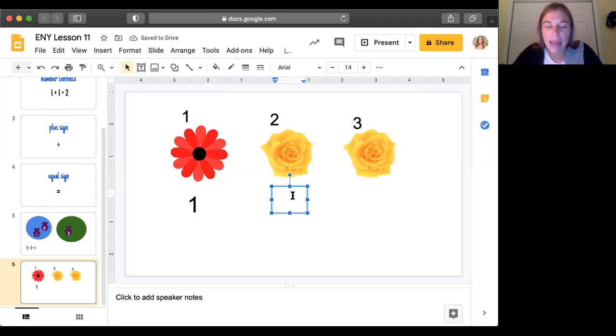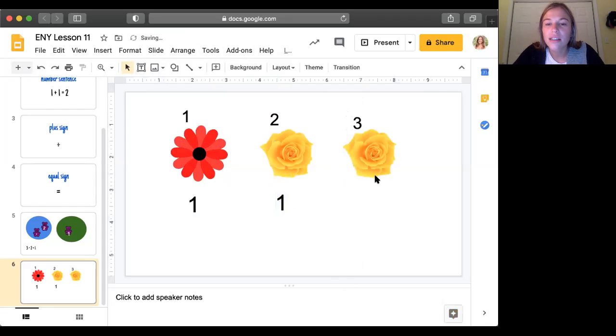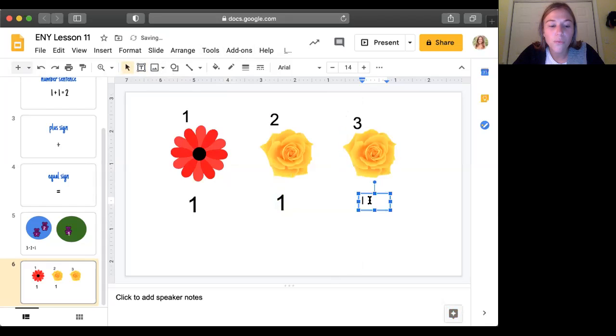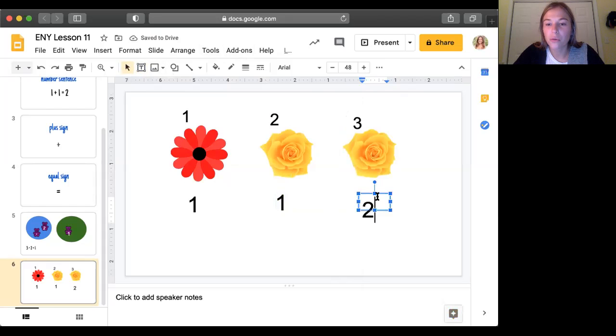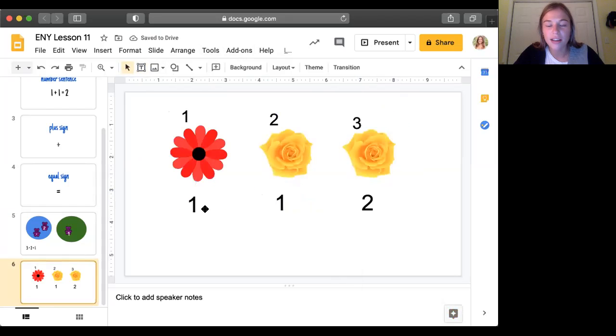So I'm going to label them 1, and then 2. So she has 2 yellow flowers and 1 red flower. So just like we did with the bears, Miss Weed's going to write a number sentence again.